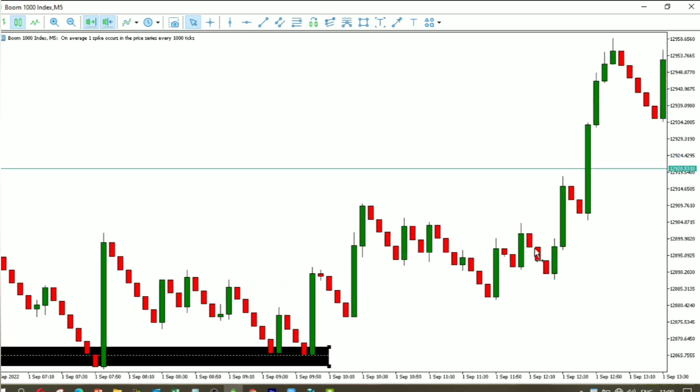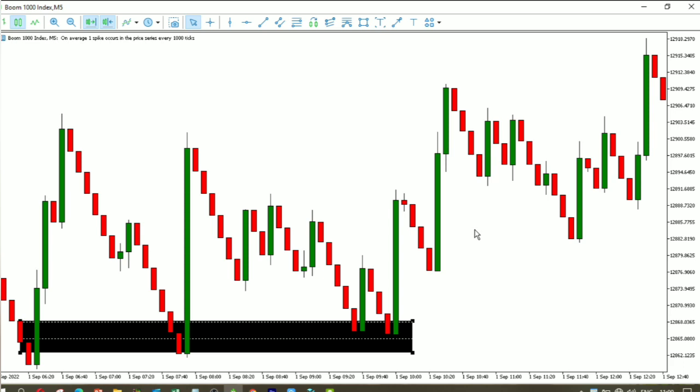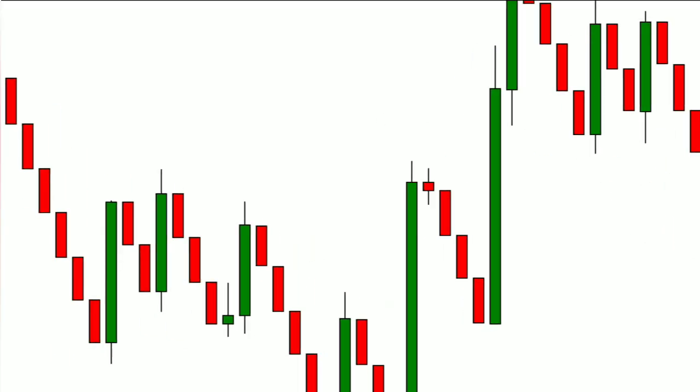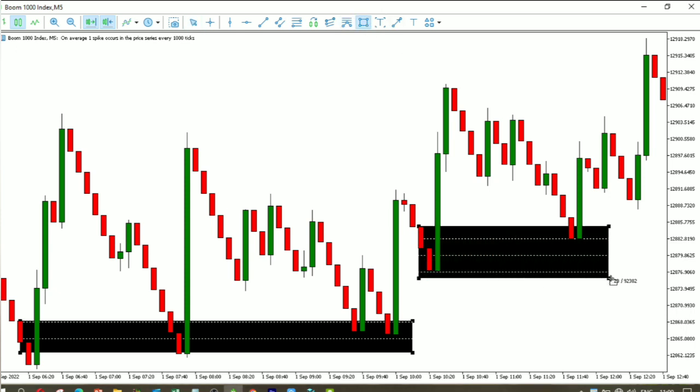But what you want here is, first, make sure you find a level where the market reversed on. In this case here, we see the market moves down and makes a strong move here. So what do you do? You mark out this level, these two candles here, you mark them out, and then just do this and wait for the market.